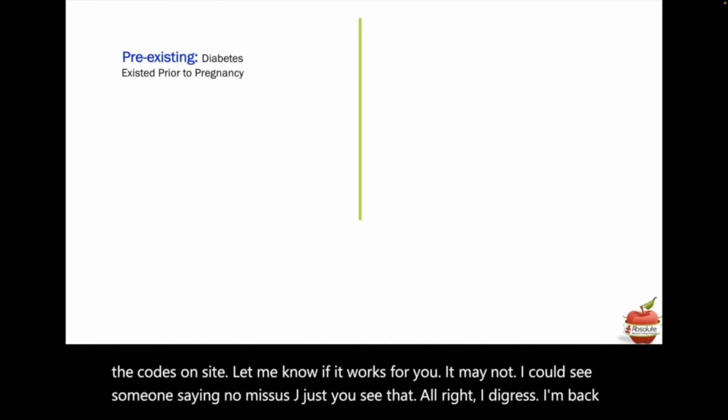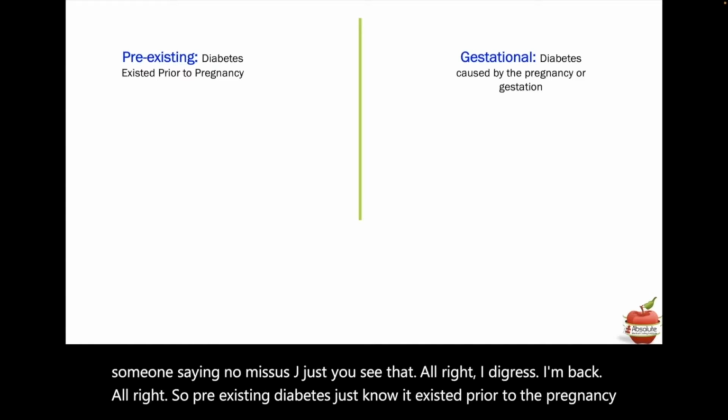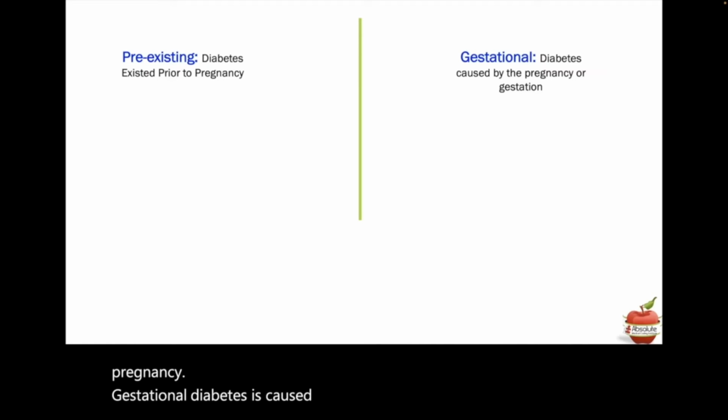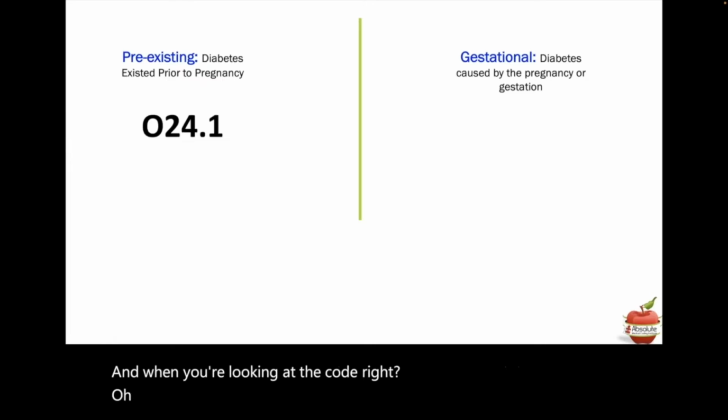All right, so pre-existing diabetes, just know it existed prior to the pregnancy. Gestational diabetes is caused by the pregnancy or the gestation. And when you're looking at the code, right? O24.1 is the category code or the subcategory code for pre-existing diabetes.